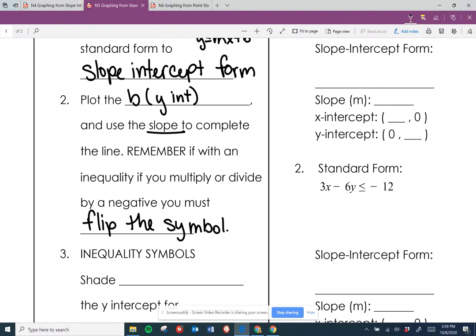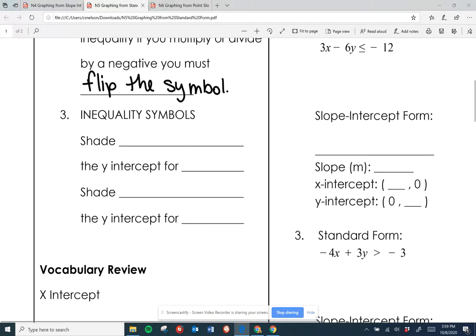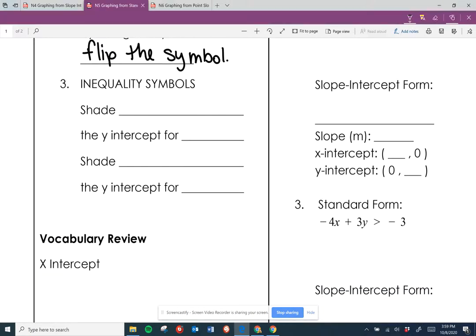Now, as a reminder from our last note sheet, when we're talking about inequalities, if you have a greater than or equal to sign, you are going to shade, oh, sorry, I put it in the wrong spot.